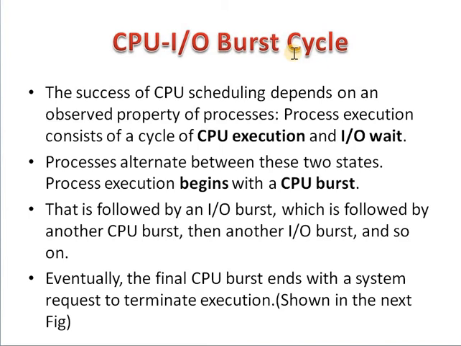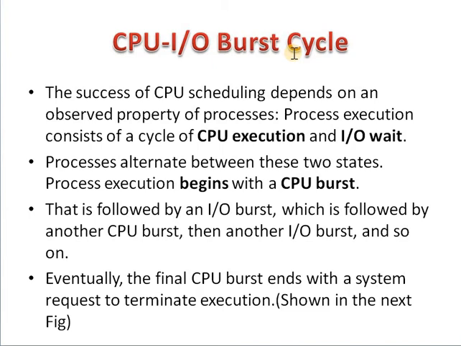In short, in this slide we learn that the total success of CPU scheduling depends on an observed property of the process. Whenever any process is executed in the operating system, that process execution consists of one cycle.